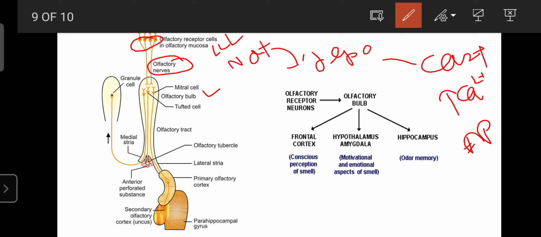Those are carried towards the olfactory bulb, and the olfactory bulb consists of different types of cells, known as mitral cells as well as tufted cells.